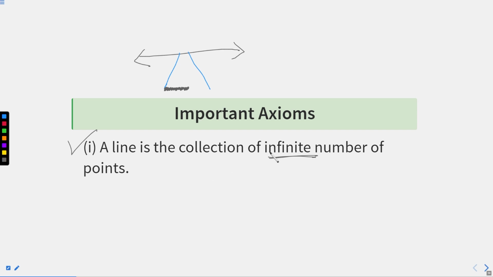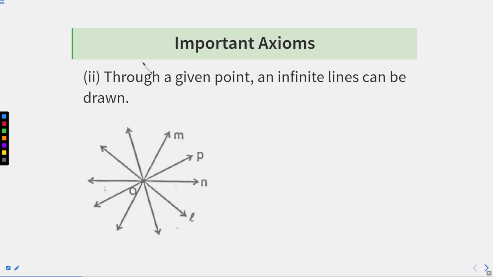Now let's move to the second. Suppose we are given a point, say O, and infinite lines can be drawn through it. From this point, I can draw infinitely many lines, as many as one asks for.